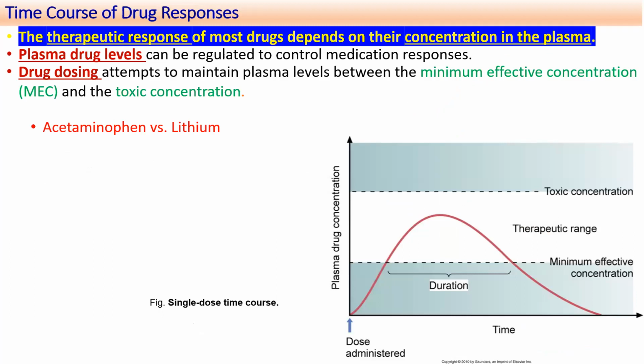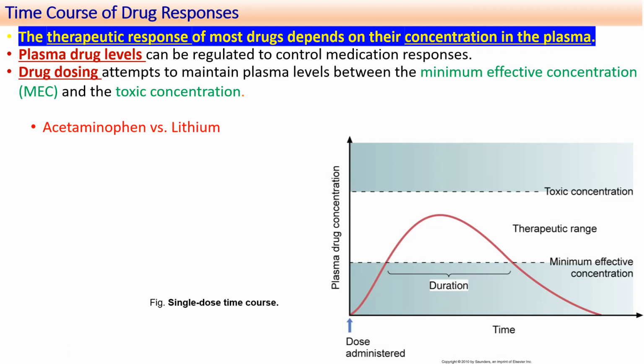The therapeutic response of most drugs depends on their concentration in the plasma. So, plasma drug levels. This is another important concept in pharmacology, the drug plasma level, which can be regulated to control the medication response.